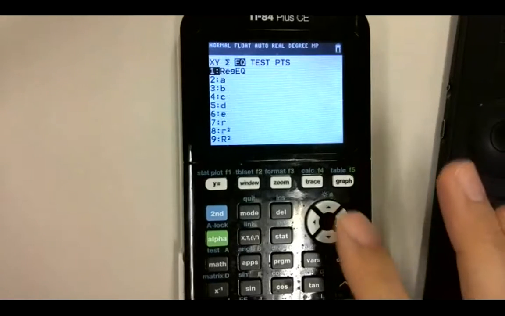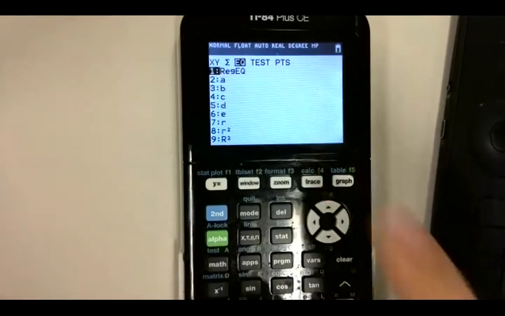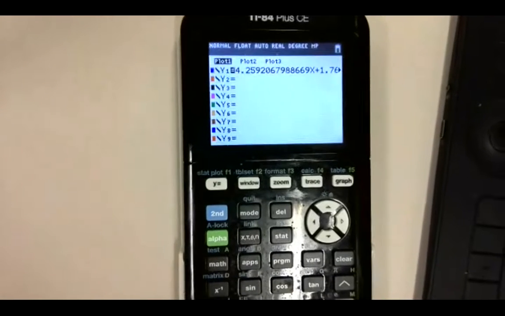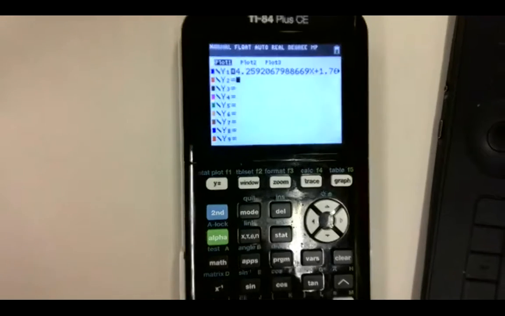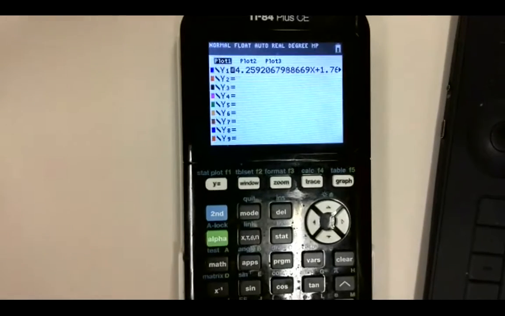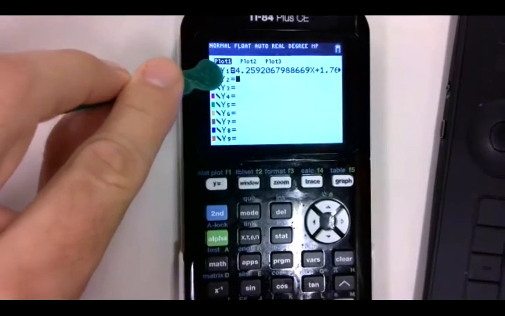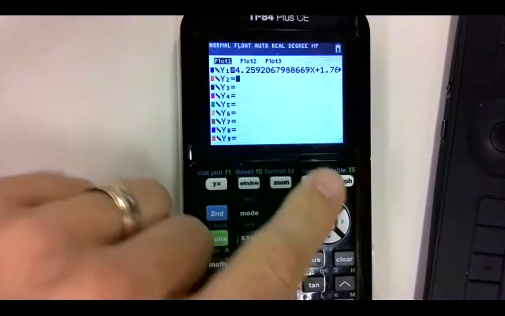Then over to EQ. So we want the regression equation. That was the exact same stuff we had back in stat. So it just imported that. Again, make sure that this stat plot is highlighted. And now we're ready to go.